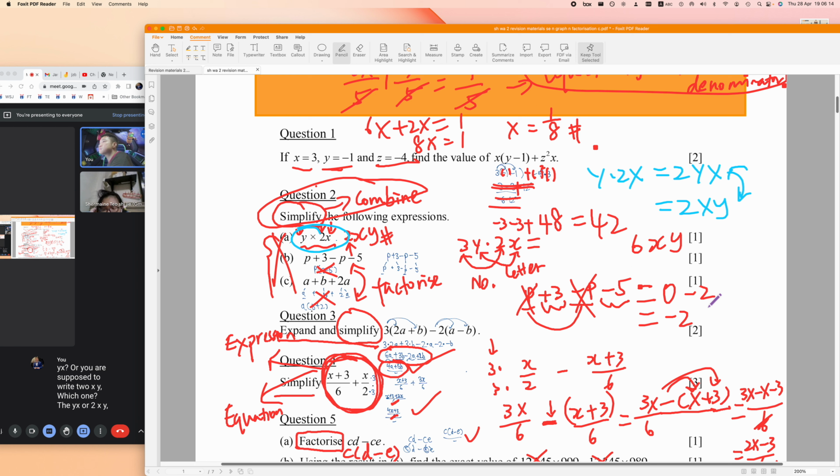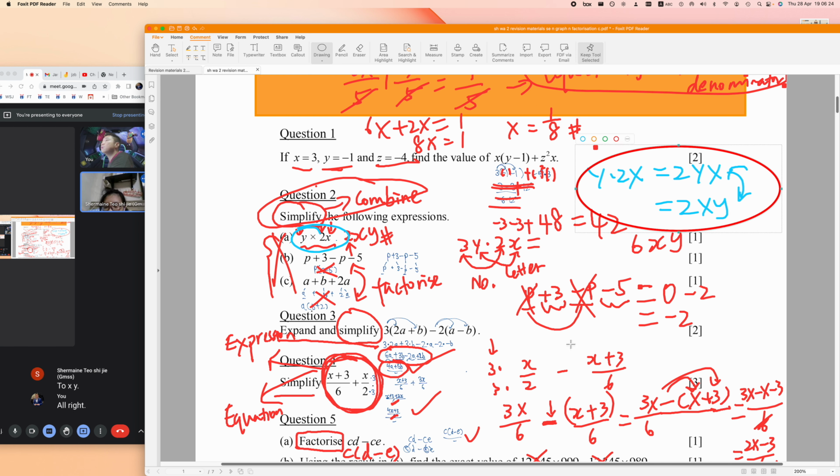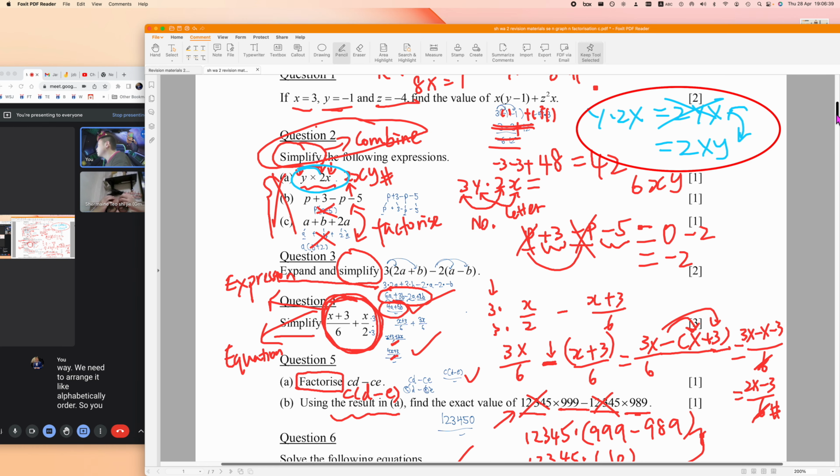Which one comes first? 2xy. Correct. So next time if they anyhow arrange for you, you need to do it our way. We need to arrange it in alphabetical order. So you have answered yourself.